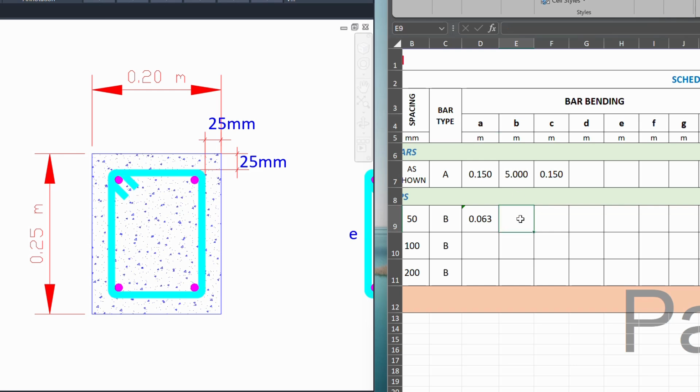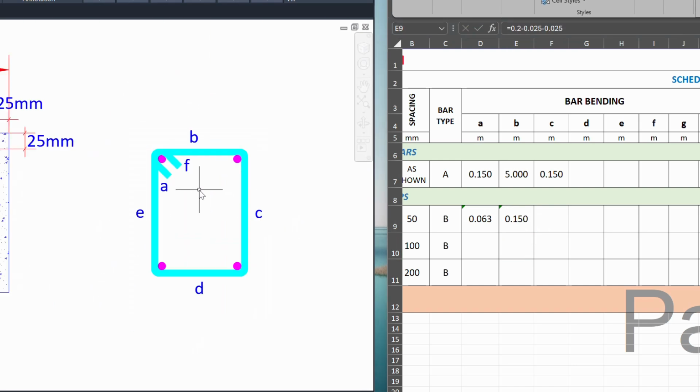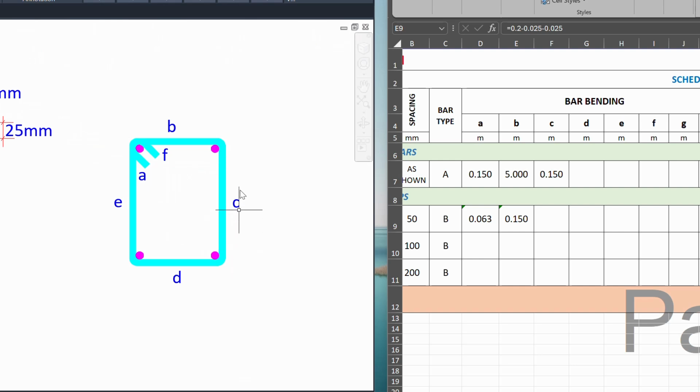So B equals 0.20 minus 0.025 minus 0.025 meter for this side and this side. So it's 0.15.